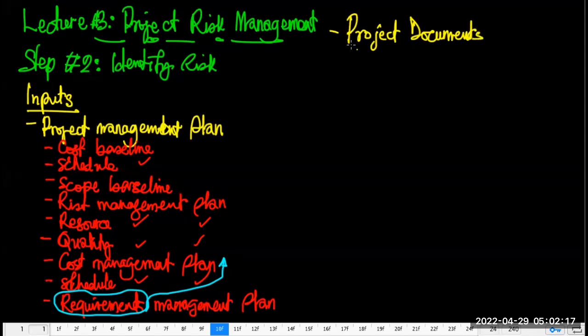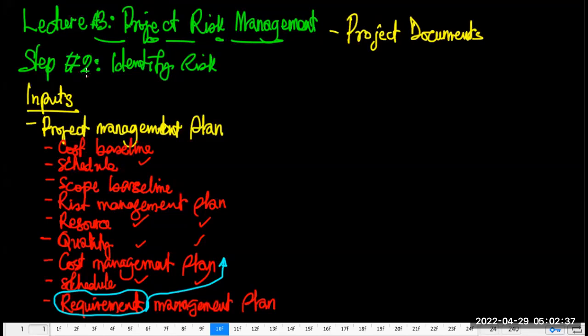What was it? Hello? Fatin, come again. This is step 2. The stakeholder register. That's it. Step 1 was plan risk management.